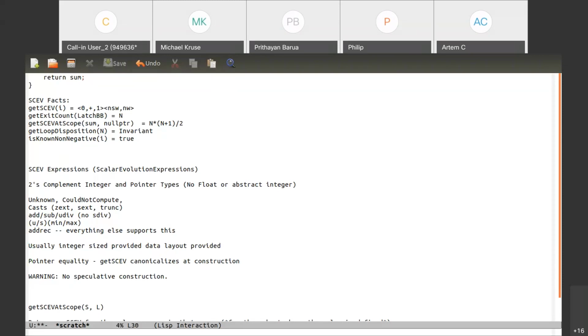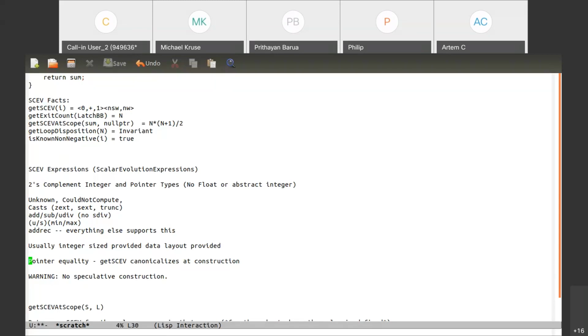SCEVs are constructed by calling getSCEV on scalar evolution given a value, and SCEVs are canonicalized at construction, so that if I have two values that represent the same underlying expression, the resulting SCEV should be pointer equal.